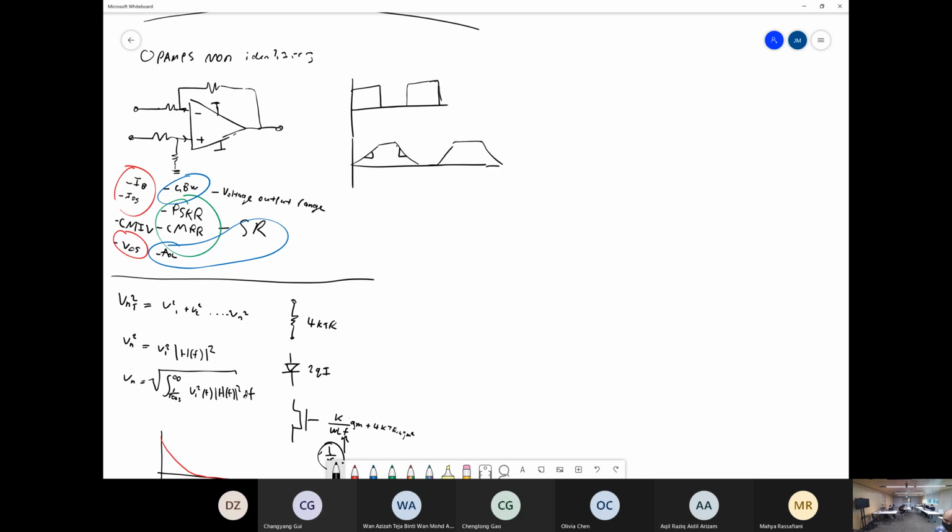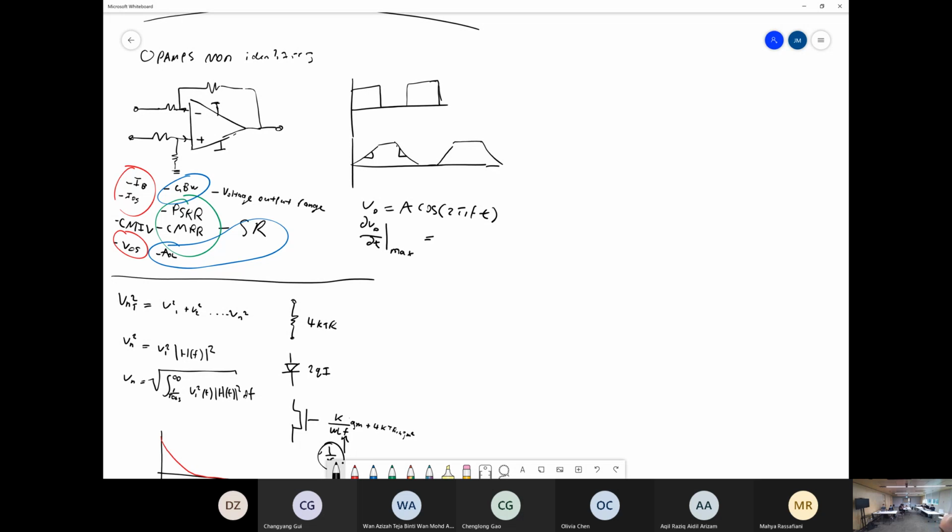But the point is that with your slew rate, let's say, even more simple than a square wave, we have a sine wave or a cosine wave. We know that VO is equal to A cos 2 pi ft, right? And if we take the derivative of the signal, we want to see when it's a maximum value.